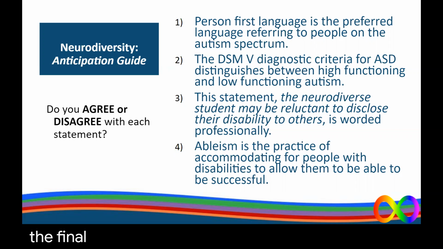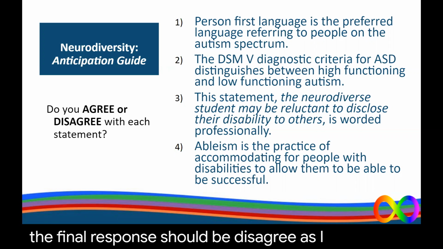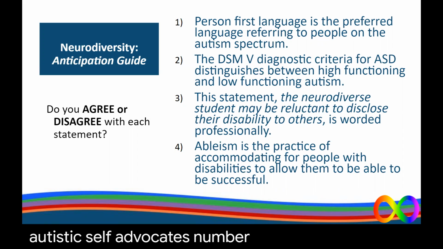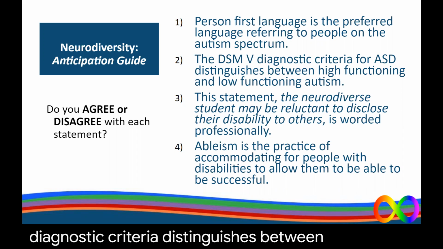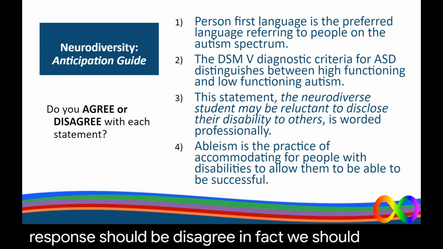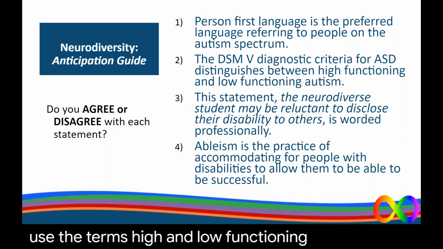The final response should be disagree, as identity first language is actually the language preferred by many autistic self-advocates. Number two, the DSM-5 diagnostic criteria distinguishes between high functioning and low functioning autism. The final response should be disagree. In fact, we should not use the terms high and low functioning.